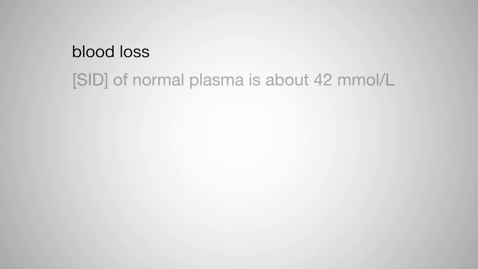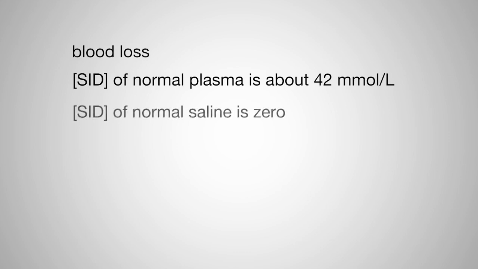But if you use the Stewart approach, things become quite simple. We know that the strong ion difference of normal human plasma is about 42. We also know that normal saline has about 154 millimoles or milliequivalents of sodium and an equal amount of chloride. So the strong ion difference is 0.